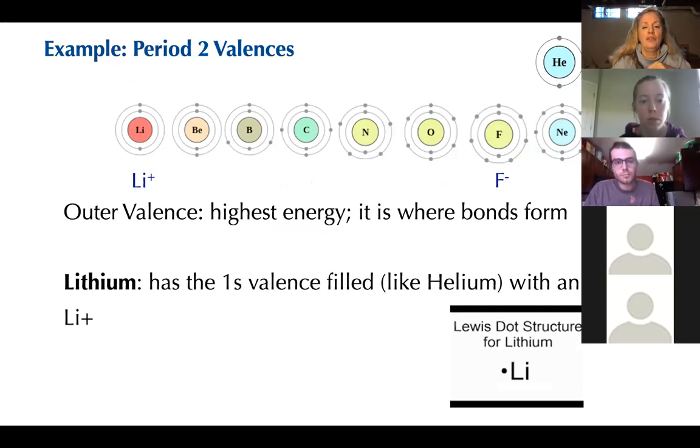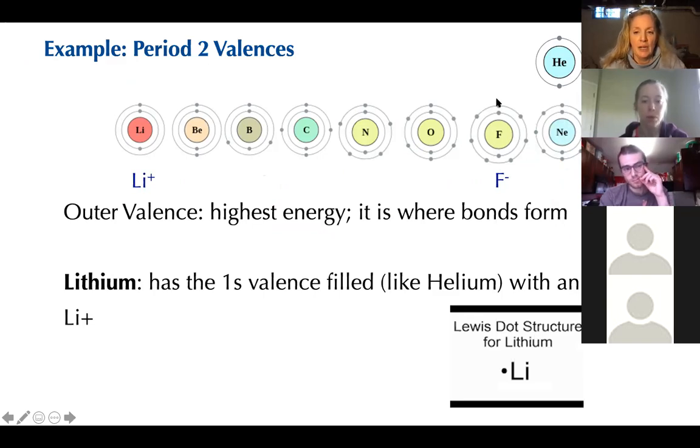When we look at the two valences here, we have lithium with its one extra electron in this extra outside orbital. Lithium wants to make itself look like helium, okay? It wants to get rid of this whole extra orbital or valence out here, get rid of this electron, look like helium. Fluorine over here wants to look like neon.